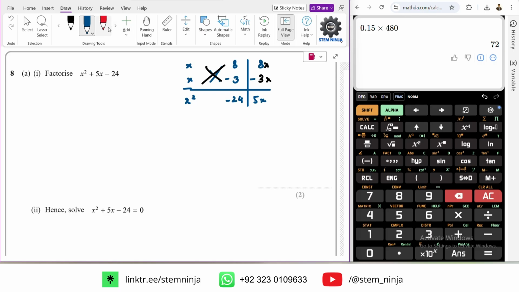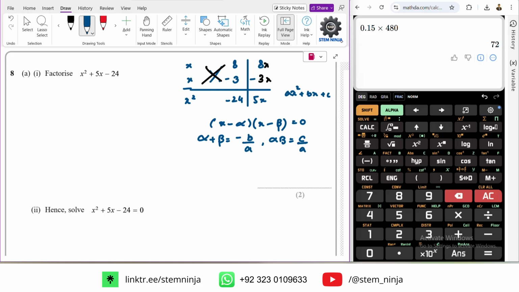Another way to do this, you might see this in A levels, is that for example, if you have x minus alpha, x minus beta equal to 0, then alpha plus beta would be equal to minus b over a, and alpha times beta is equal to c over a, which is basically from ax squared plus bx plus c.